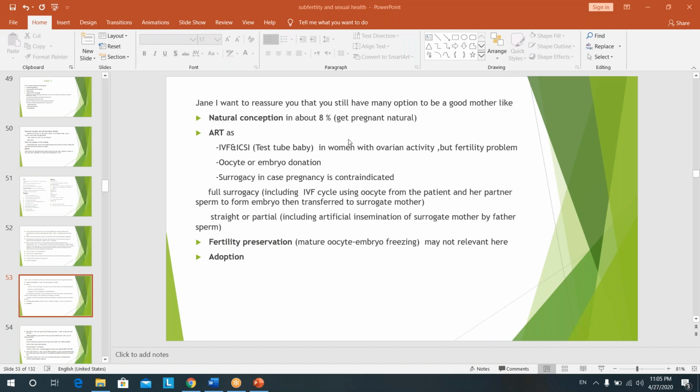Dr. Ali, even if she is not menstruating yet, will we tell her there is a chance of becoming pregnant? I think that if I say she can become pregnant in 8% of the cases, we will give her false reassurance without checking her FSH level.